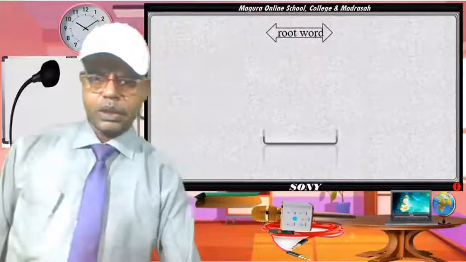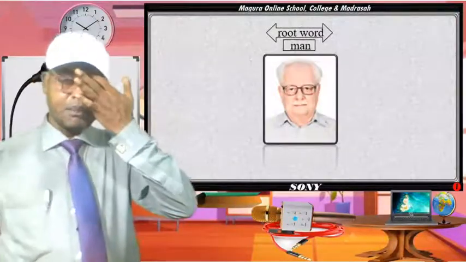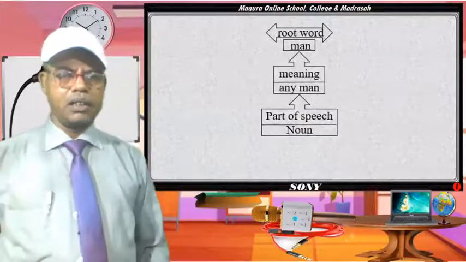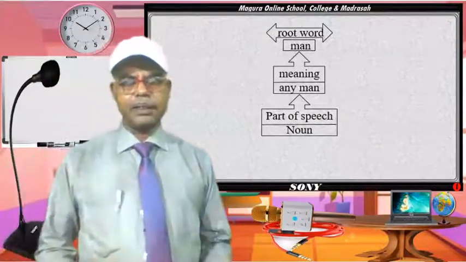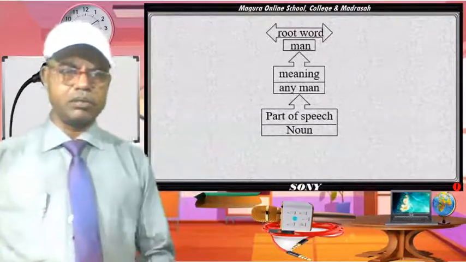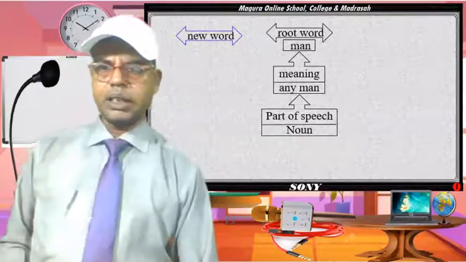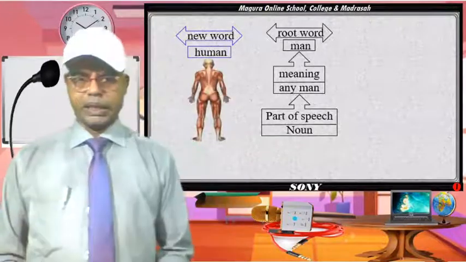Now, root word man. You see a picture of man. Now, man meaning any man, and part of speech is noun. It is very much clear. New word. What is the new word we see? Human.